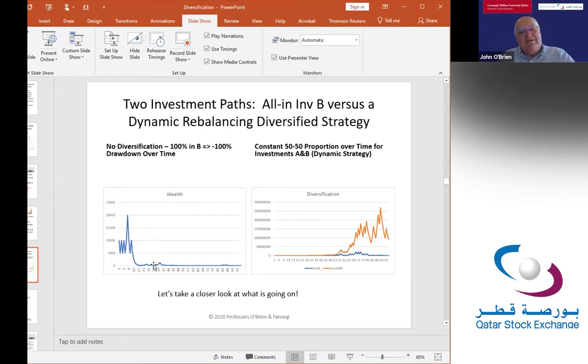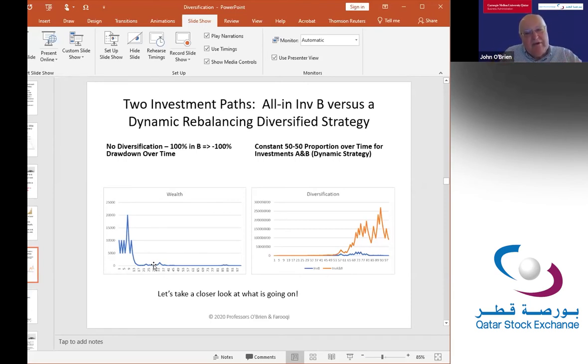The risk management answer to that problem is, you don't put all your eggs into the one basket. You never have all of your wealth at risk in the one opportunity. That's playing with fire. So in the second one, we've split our wealth 50-50, and we're always maintaining 50-50.